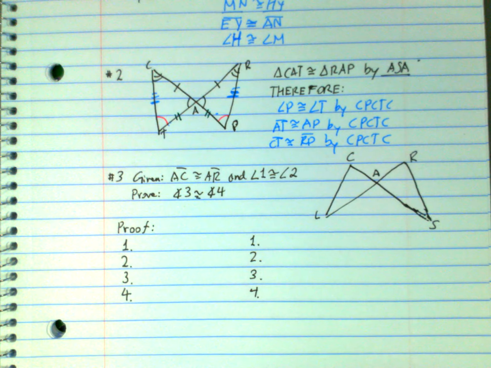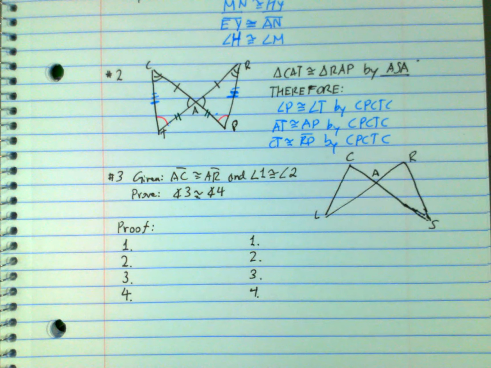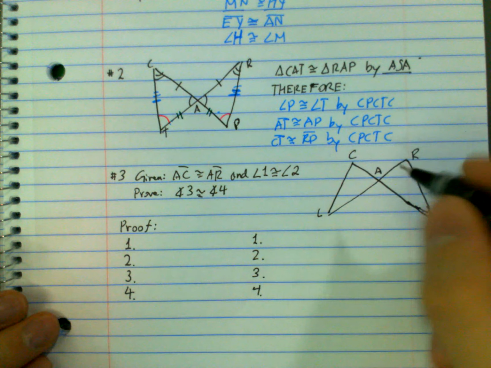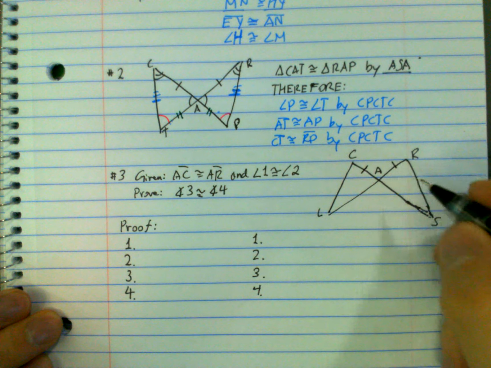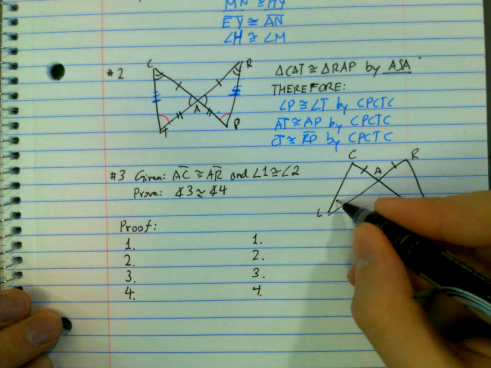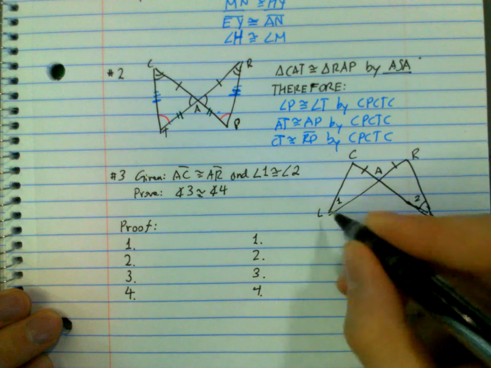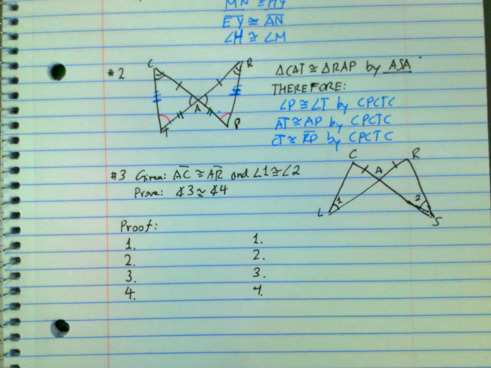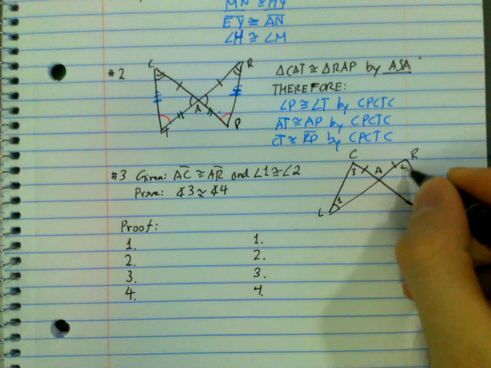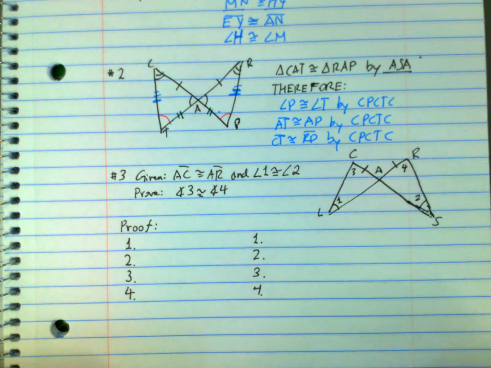So, what we're given is we know that segment AC is congruent to AR, and we know that angle 1 and 2, which are down here, are congruent to each other. And that's all we know. We want to prove that angle 3, which is up here, and angle 4 are congruent. Now with C.P.C.T.C, we can.